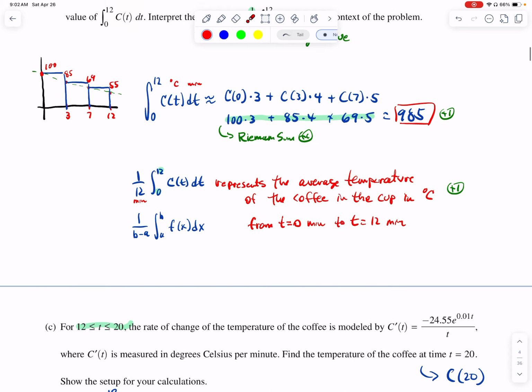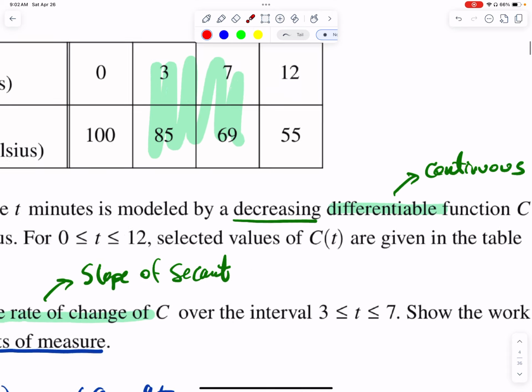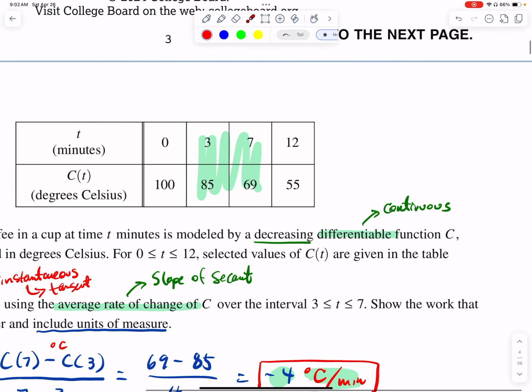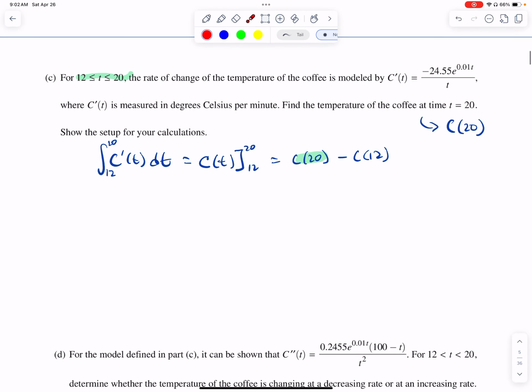From the table. So going back up to the table, remember that C of 12 is equal to 55. So if I put a little 55 up in there, and I add that to the other side of the equation, I will essentially have an equation that I can throw into the calculator to find the temperature of the coffee at t equals 20 minutes.